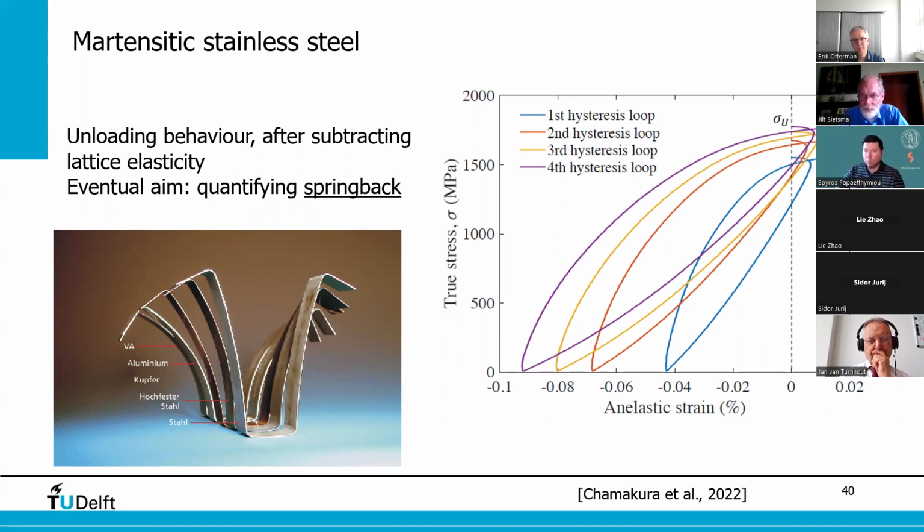At the point that you start unloading, you have these rings outside the Frank-Read source, but you have Frank-Read sources that happen to be somewhere in their cycle of bowing out and coming back again. So the starting situation is not well defined, and we therefore didn't come up with an idea yet on how to really quantify and predict springback.